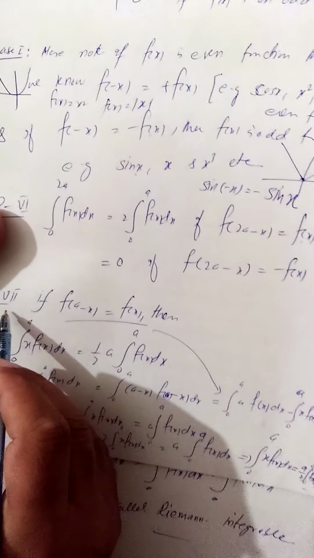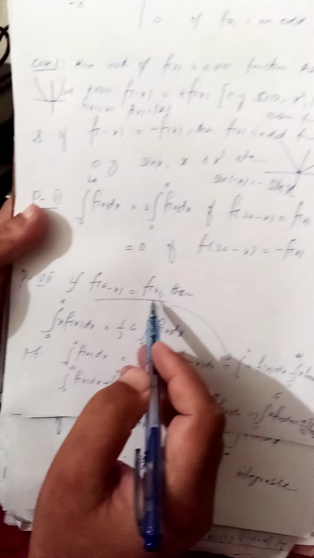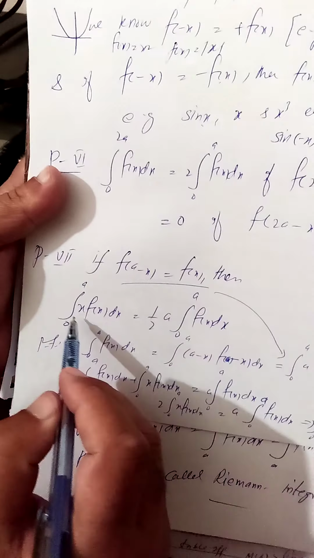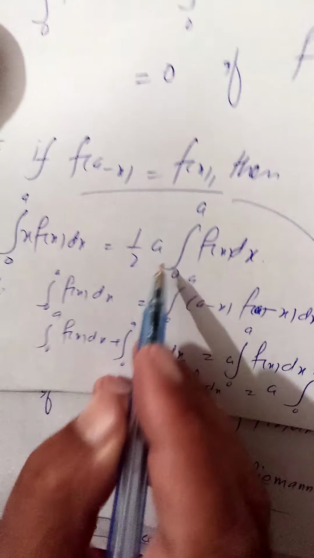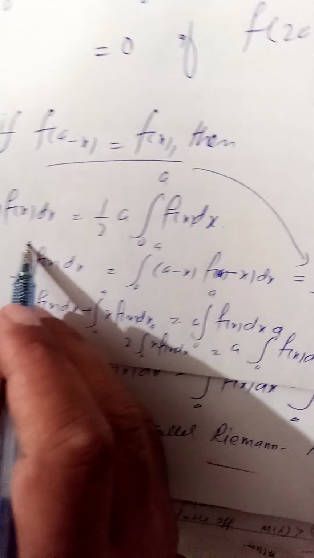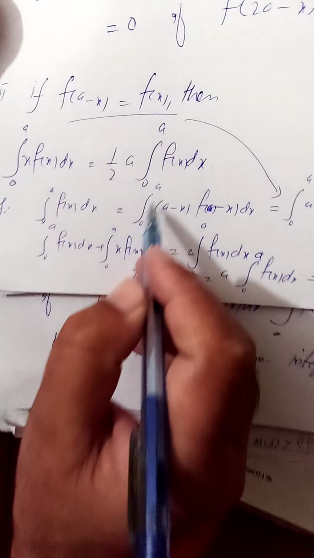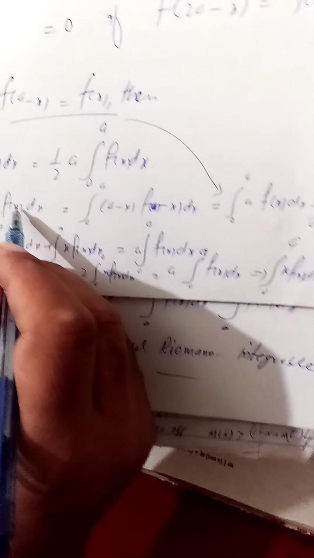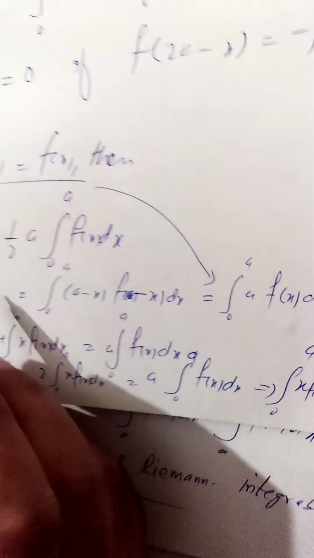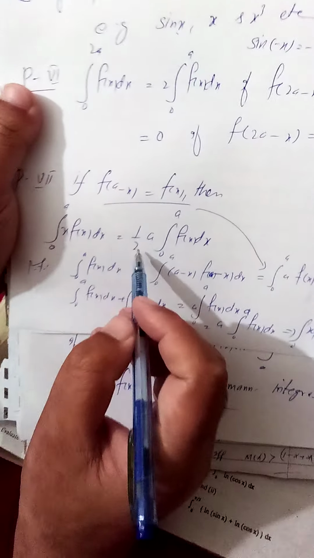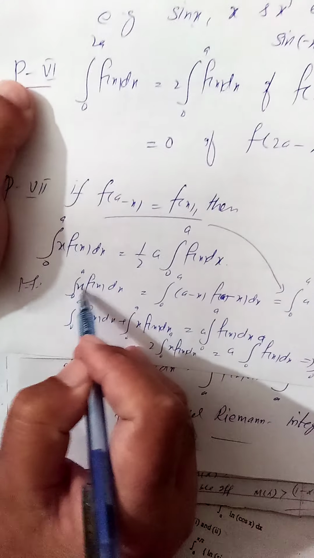Now another property is property 7: if f of a minus x is equal to f of x, then integration from 0 to a of x f of x dx is equal to a over 2 times integration from 0 to a of f of x dx. We can prove this property as follows. Integration from 0 to a of x f of x dx can be written using the previous property, replacing x by a minus x. Putting a minus x here, we get a minus x times f of a minus x dx.